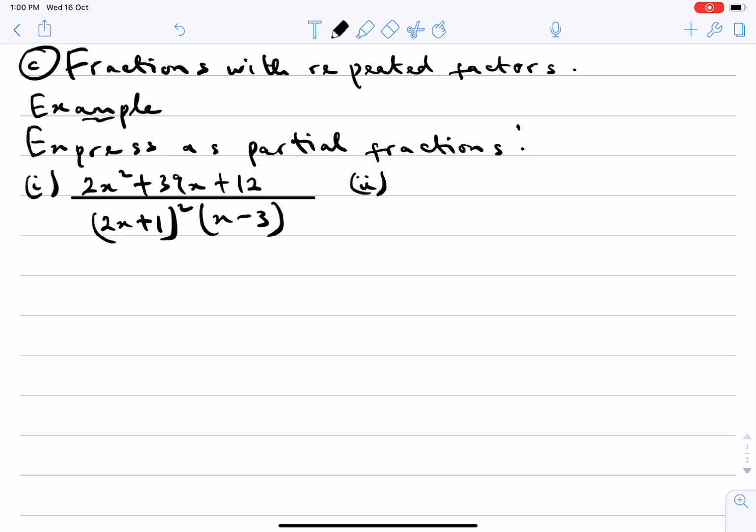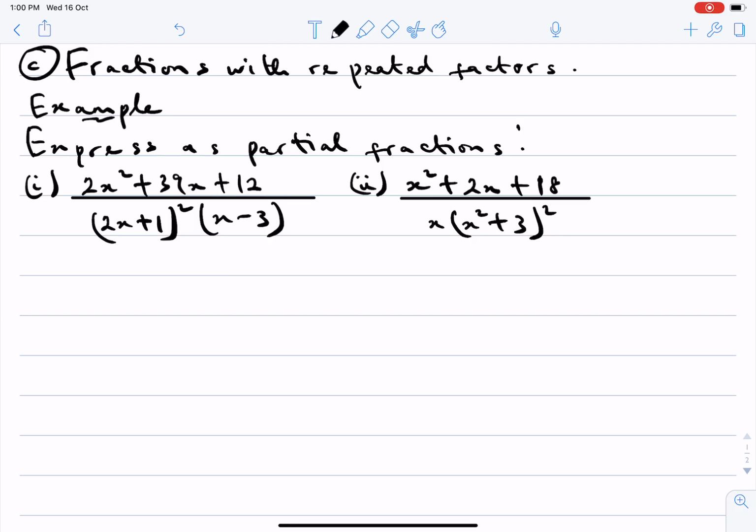Roman figure 2: x squared plus 2x plus 18, divided by x times x squared plus 3 squared.